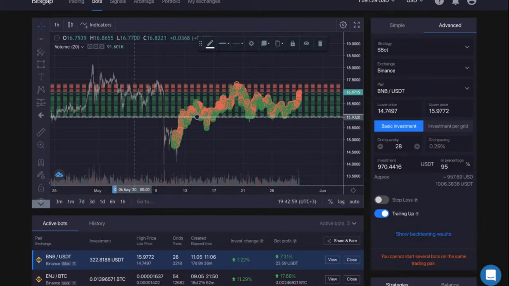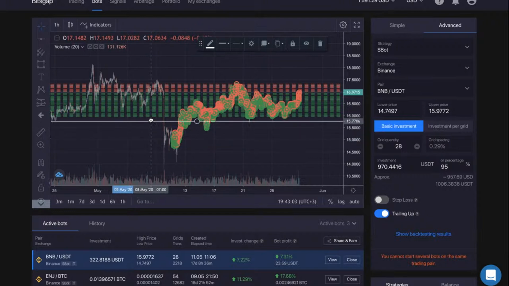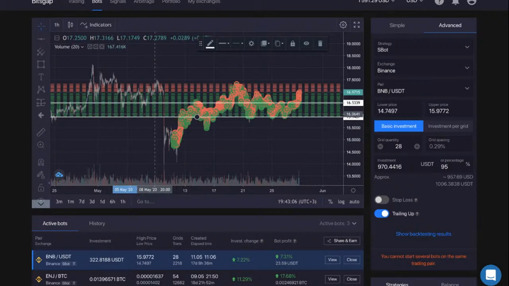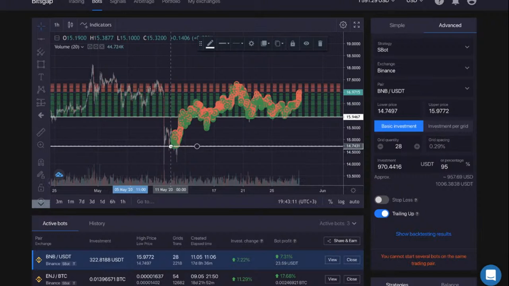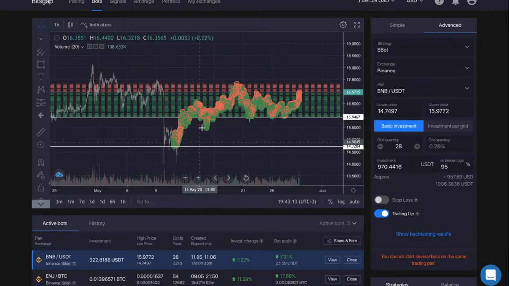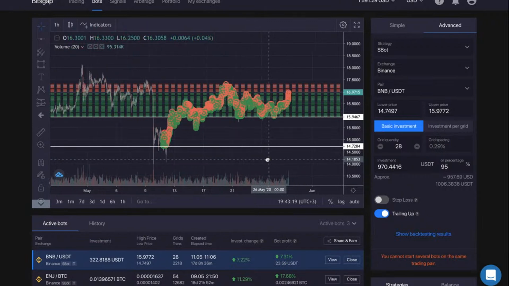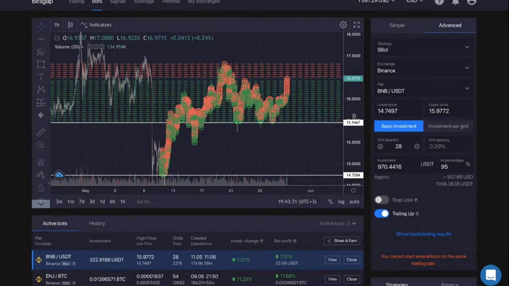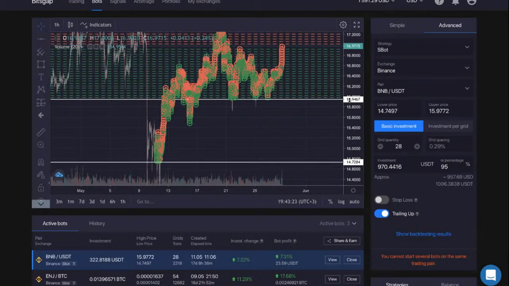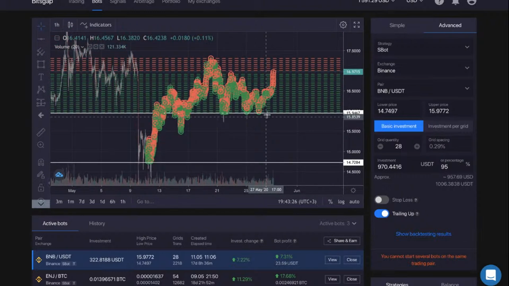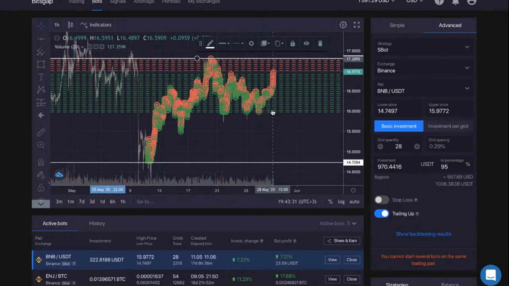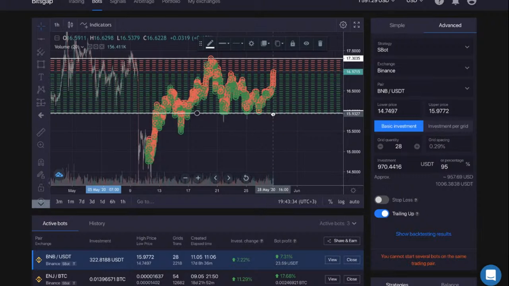All right, and the low price of my trading range was 14.74 right here. So that was my trading range, and as I had my trailing up function on, you see that my trading range has followed the price appreciation, and right now my trading range is right here.